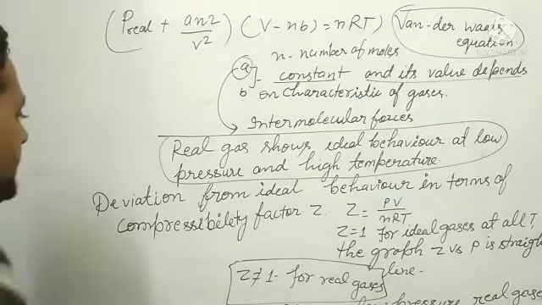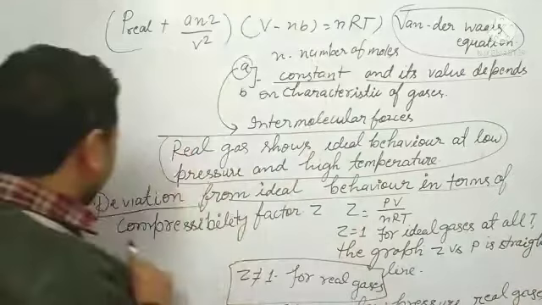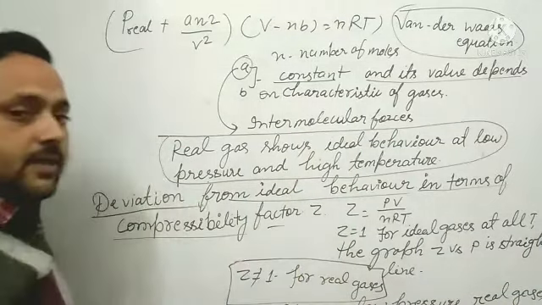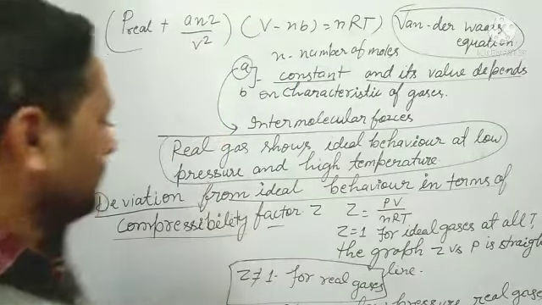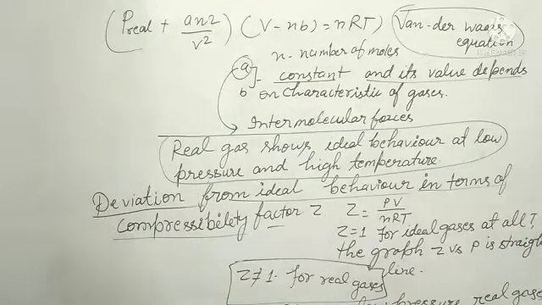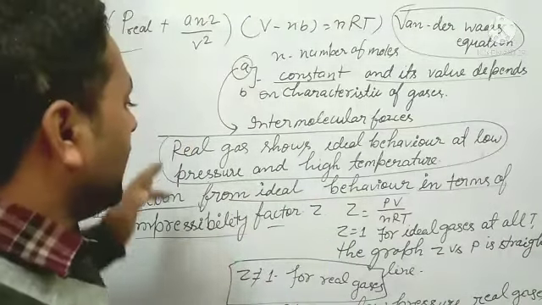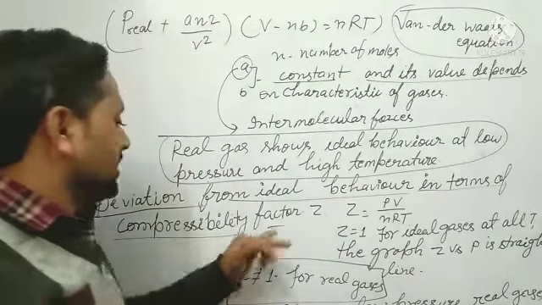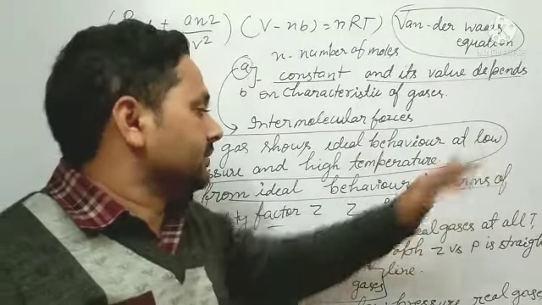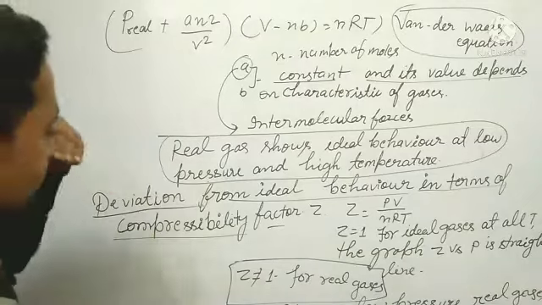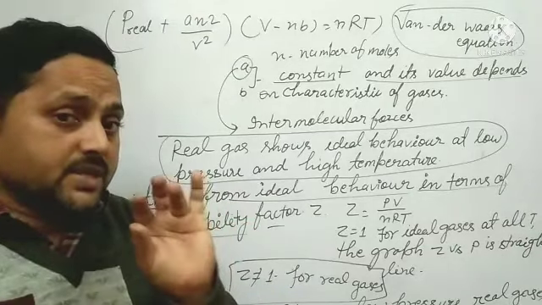Okay, deviation from ideal behavior of real gases is represented in terms of the compressibility factor, that is Z. Deviation is denoted in the form of Z, which is known as the compressibility factor.